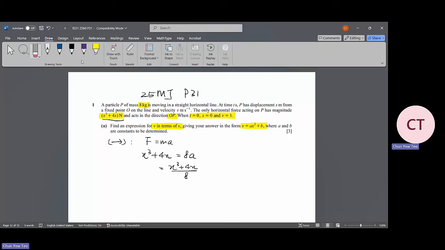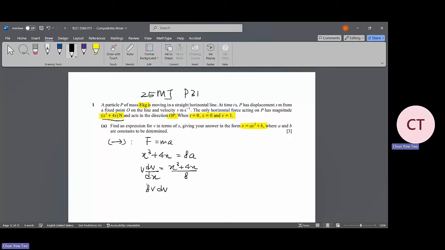Then we can write A as v dv/dx, because the expression for the force given is in terms of x. So we write v dv/dx, since they want the answer of v in terms of x.